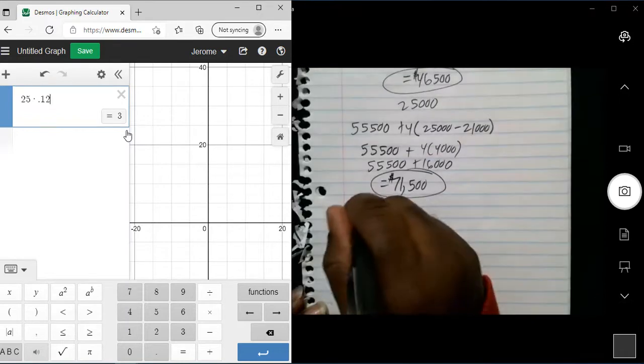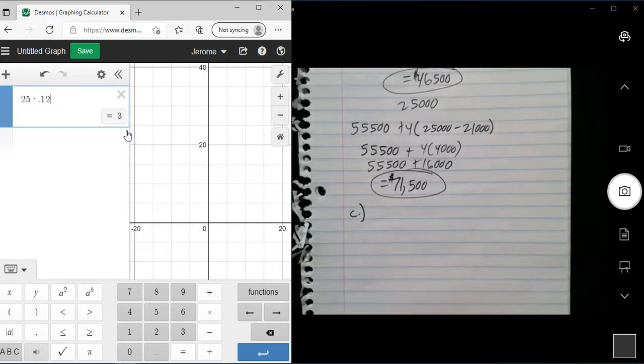Okay, now C. Okay, C, it says, with the royalties from your book you would like to pay for your advanced degree in journalism, it will cost $65,000. How many books must sell to cover the cost of the degree?